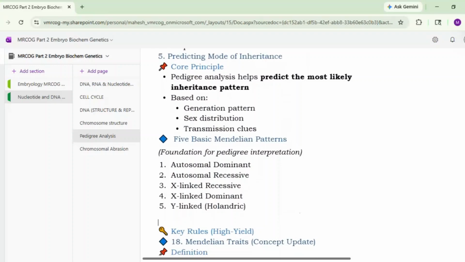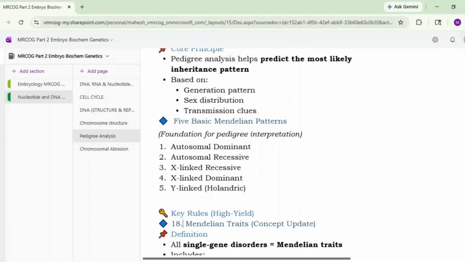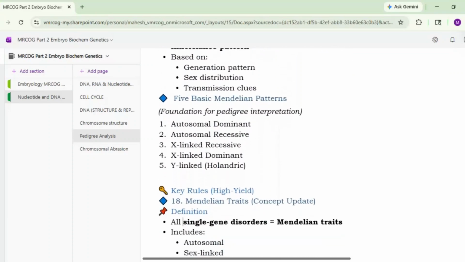Okay, so let us see the key clues, key rules here. When we talk about Mendelian traits, a Mendelian trait means it is a single gene disorder. So all single gene disorders will follow this Mendelian trait. This is the rule which you should remember, whether it is an autosomal chromosome or a sex chromosome.